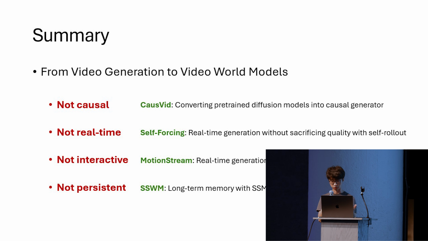In Self-Forcing, we explore how to achieve real-time generation without sacrificing quality by aligning the train-test distribution mismatch. And for interactiveness in MotionStream, we explore how to use motion control signals, for example, something users can input with mouse controls, to interactively guide the generation.